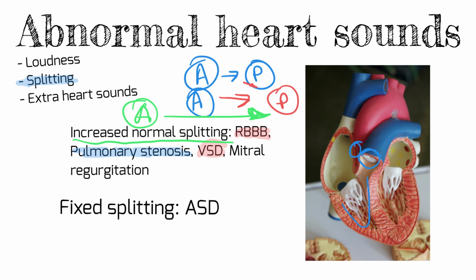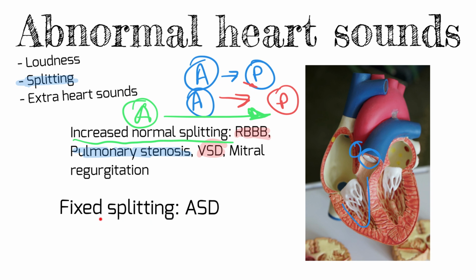When you have increased venous return, you're going to have more flow across the pulmonary artery, and the more flow you have, the longer it's going to take for the pulmonary valve to close, which is why with inspiration you'll get a splitting. So when you're with a patient, if you want to try and pick up that split, you can ask them to breathe in, because you're going to increase the flow in the right ventricle, and it's going to take longer for that pulmonary valve to close.